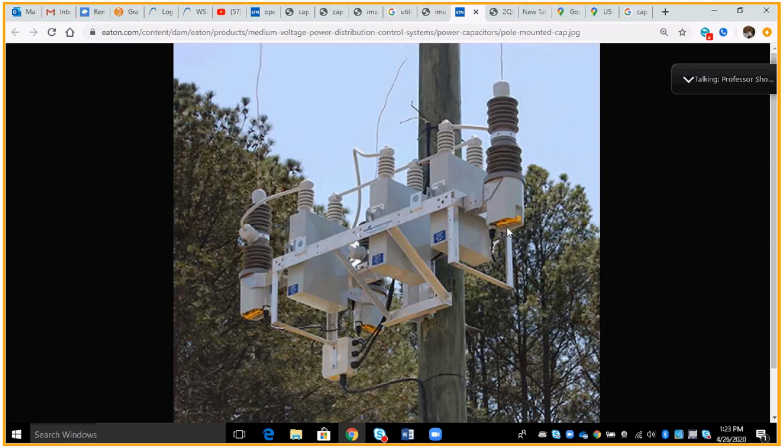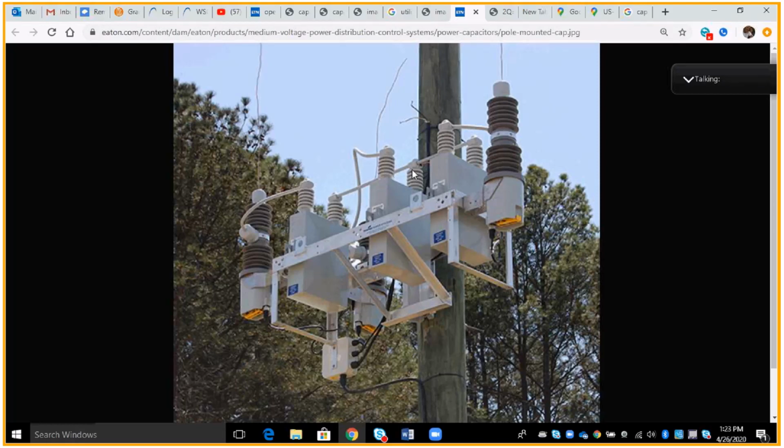Now, this is a huge reminder, gentlemen: that is not a visual open point. It's giving you an indication of an open, but these are not visual open points. The visual open point is actually inside the canister, and you're not going to take the canister apart to see it. That's why we installed switches up there.